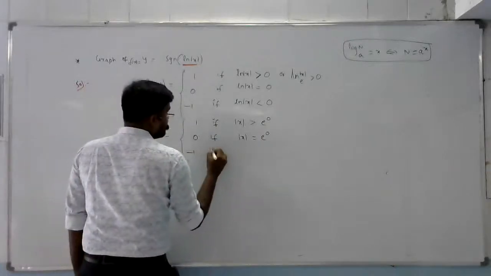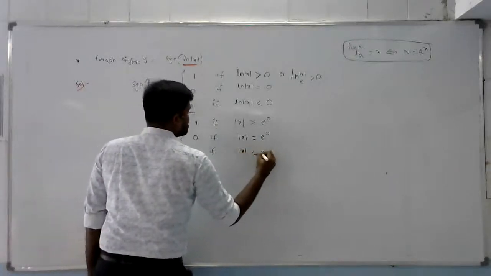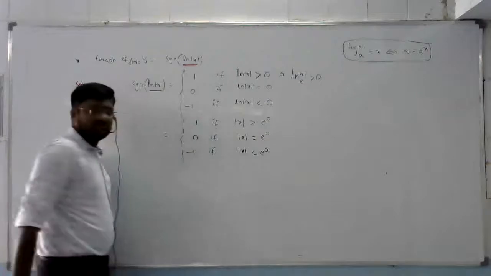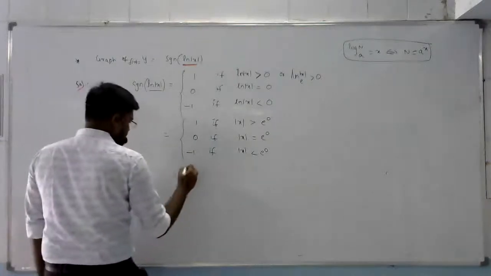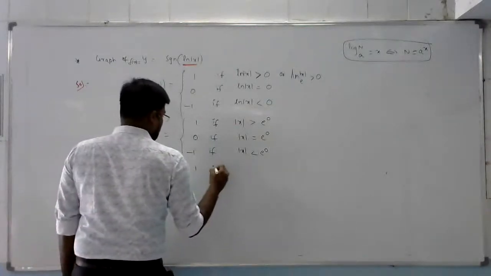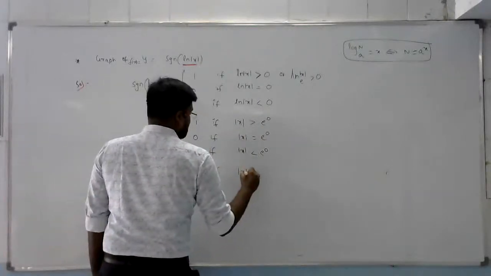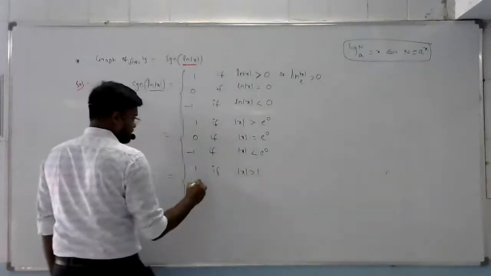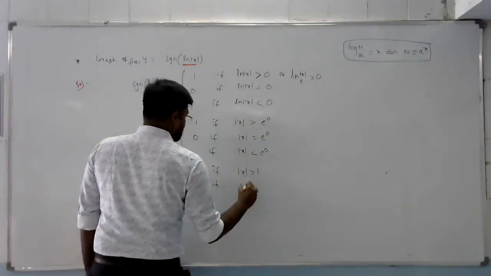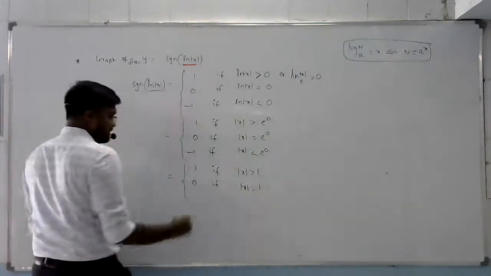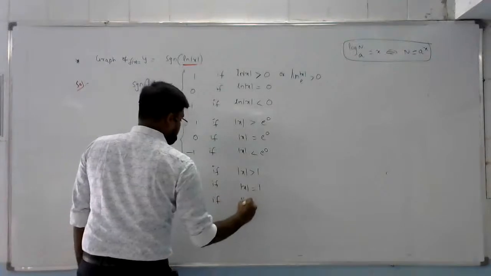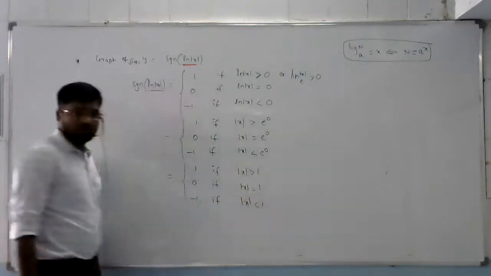In the same way, minus 1 if mod x less than e power 0, because base is greater than 1, inequality does not change. Now from here, it will be equal to 1 if mod x greater than e power 0, that is 1. 0 if mod x equal to 1. Minus 1 if mod x is less than 1.